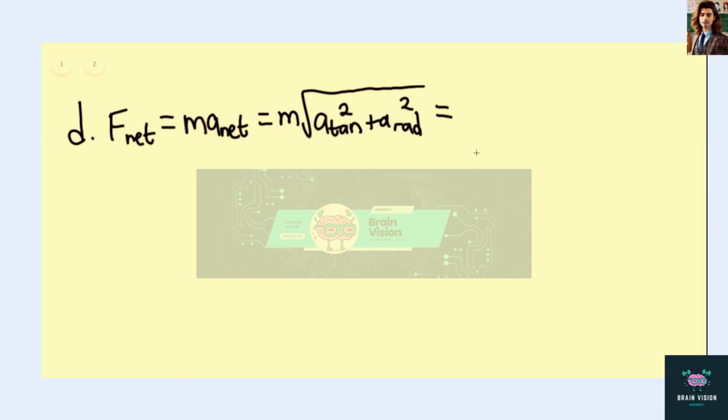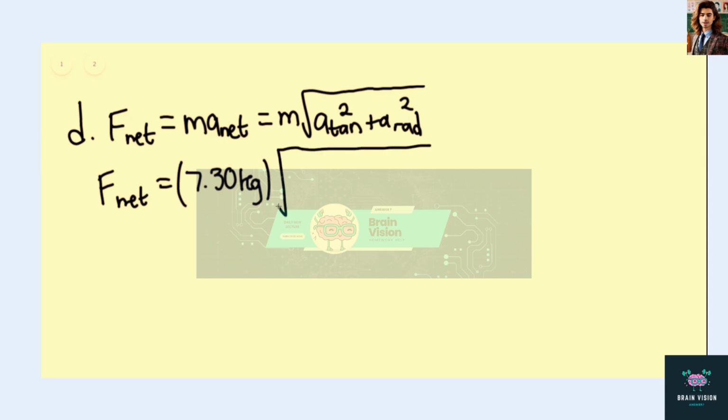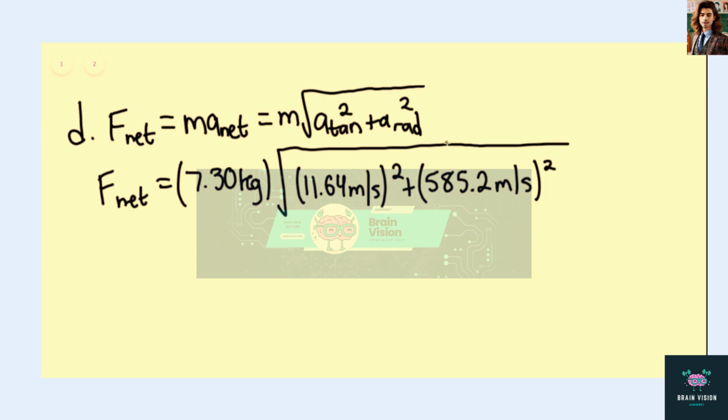This would equal 7.30 kilograms multiplied by the square root of 11.64 meters per second, quantity squared, plus 585.2 meters per second, quantity squared. And we find that the net force is approximately 4,270 newtons. This would be our answer for part D.